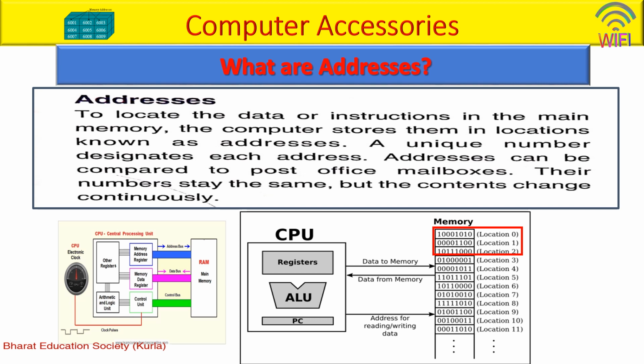Addresses can be compared to the post office mailboxes. Their number stays the same, but the content changes continuously. As shown in the below diagram, you can see 1001010 is a memory location where the address is given 0, whereas 0001100 is the data stored in the location 1.